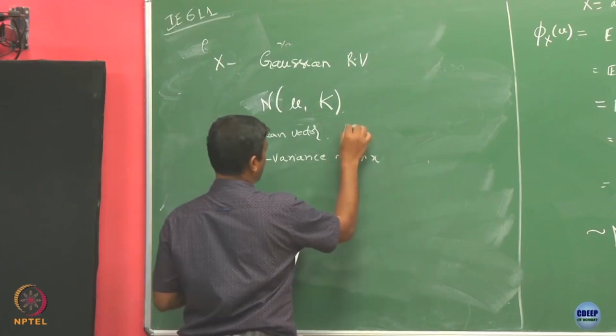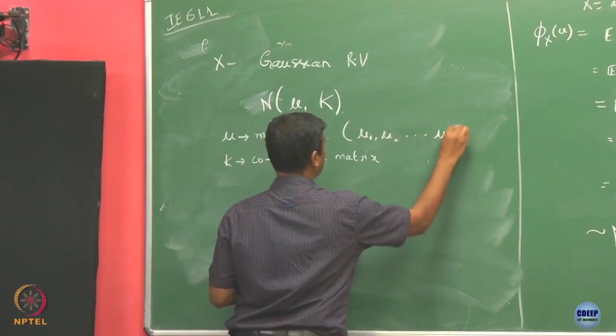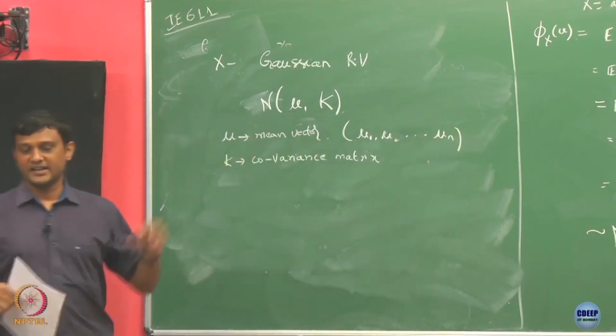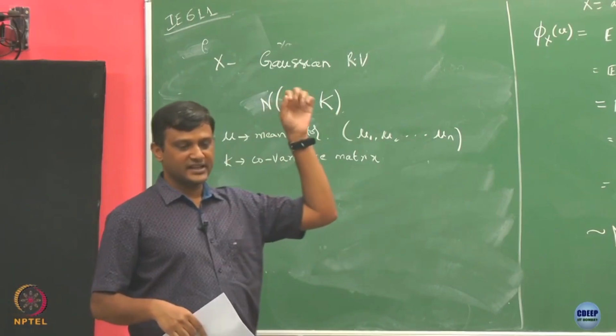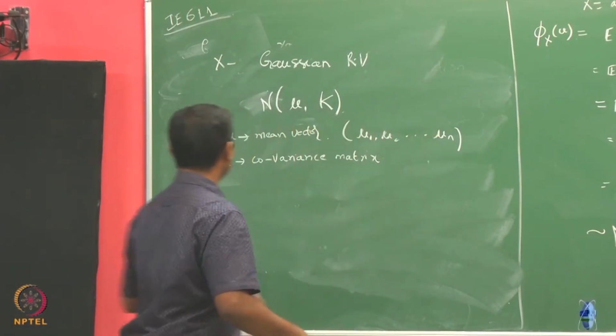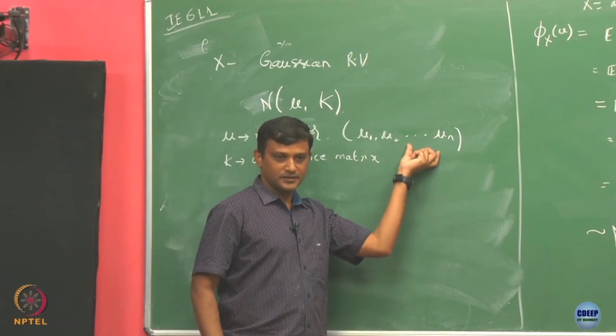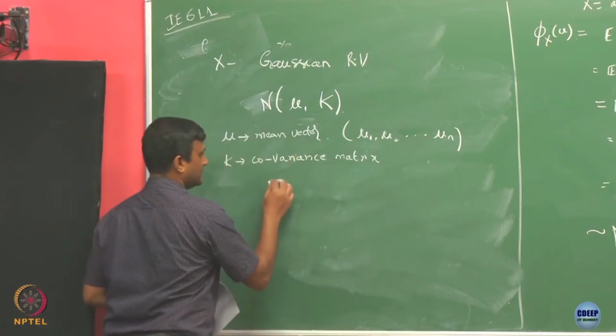What is mu here? It is mu1, mu2, all the way up to mu n. So let's say X is a random vector and it has n components. Then this mean vector is nothing but the vector of the individual means of the components. And what is k, the covariance matrix?